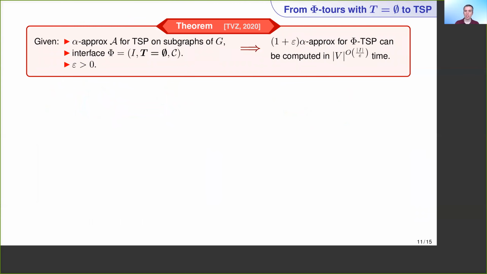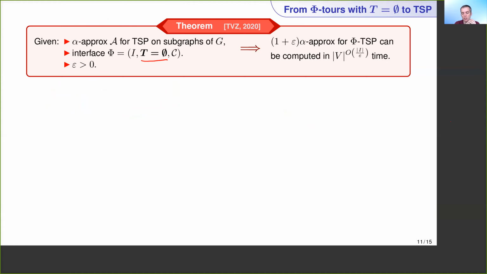So let's start with a special case of phi tours, namely if the set T is empty. This is kind of closer to a TSP problem because all the vertices need to have even degree. It's not quite a TSP problem because we don't need to connect all the vertices to each other, but we can have connected components corresponding to the clusters.